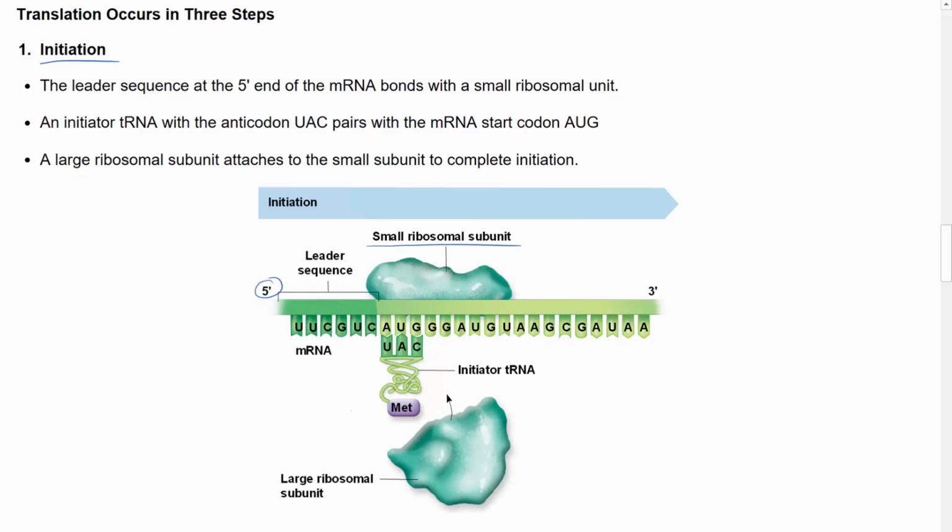Next, an initiator tRNA with the anticodon UAC pairs with the mRNA start codon of AUG. Finally, the large ribosomal subunit attaches to the small subunit to complete the ribosome and complete initiation.